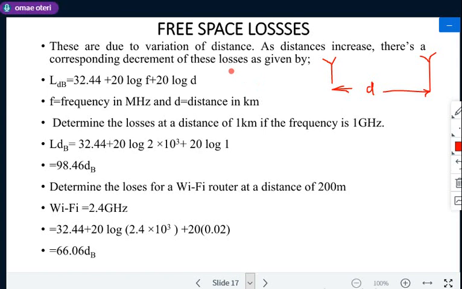Usually the received signal, we call it PR, is given by the transmitted power divided by 4 pi D squared.